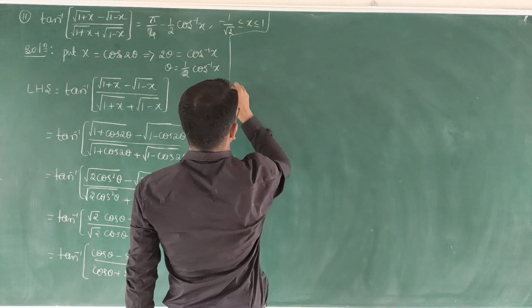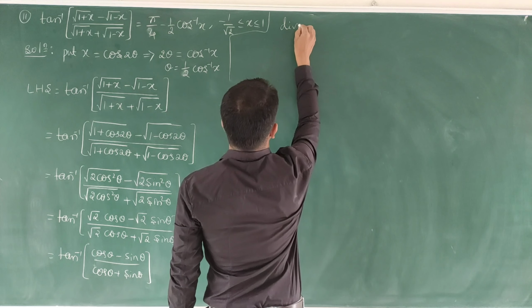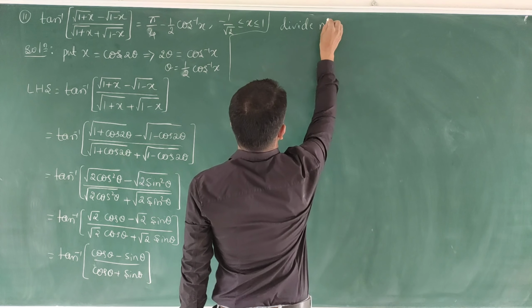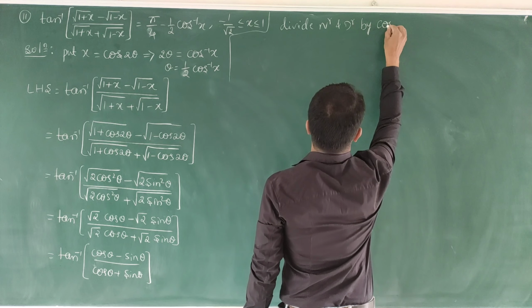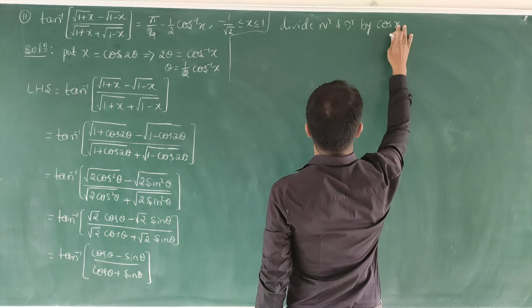Divide numerator and denominator by cos theta.